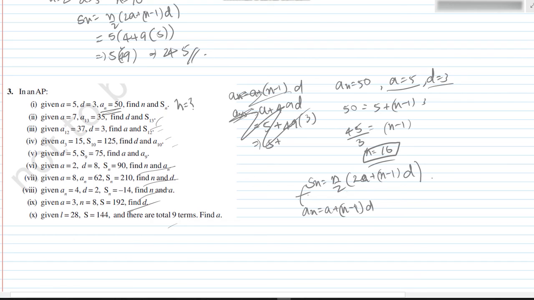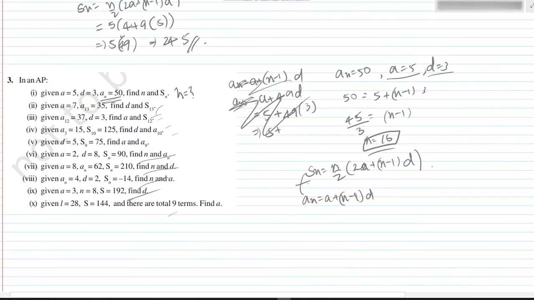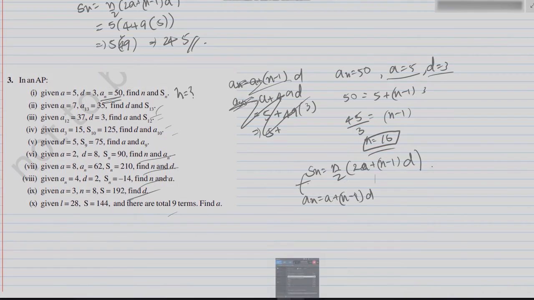These two formulas are the basic ones in this whole chapter. Fine. That's all. Hope you understood. If you have any other doubts, or I didn't do all of the sums, if you have any other questions like how to do this, how to do that, then just DM me or ask in the comment section.